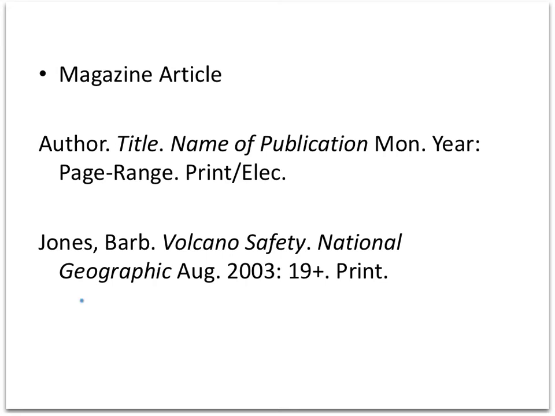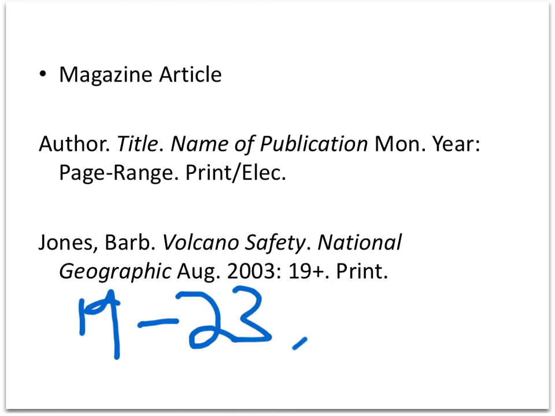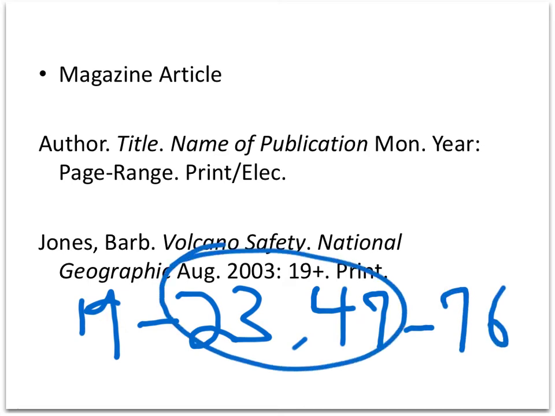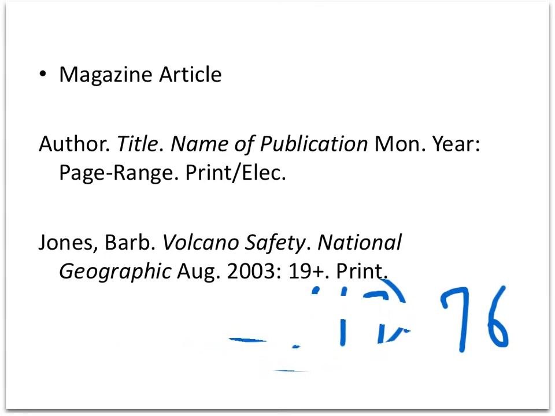This article may begin on 19 and run through 23, and then skip to page 47 and run through 76. So these pages aren't continuous. Between pages 23 and 47, there's a big gap with other material in there. So it's not space efficient to include all of those page numbers there, so instead we're just going to include the plus sign. And so finally we need to indicate print or electronic, print.